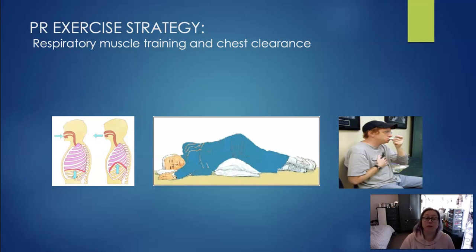It might even be something as simple as teaching a patient appropriate inhaler technique. Again, the inhalers or the treatment might be working, but if a patient isn't aware of the appropriate way to use inhalers, and I'm sure we've all seen really poor inhaler technique out there, patients just going and that's it. You're not actually using your inhaler properly.